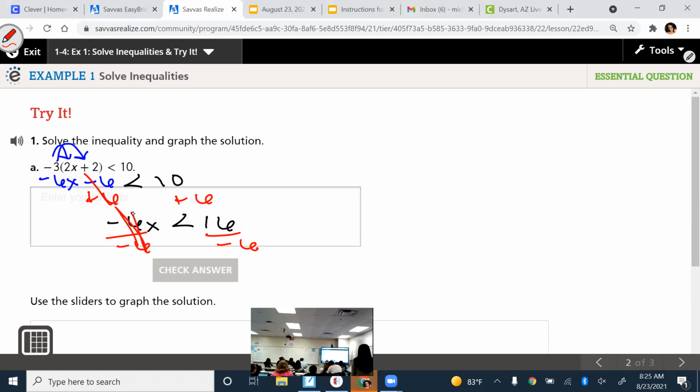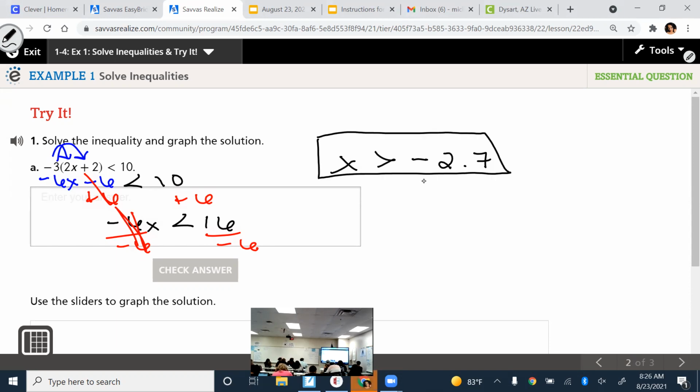Yes. All right, I divided by a negative. So now that less than is going to be greater than, and then you probably needed a calculator for this, but what did you get? A negative 2.7. All right, but yes. All right, questions there? All right, that's part of your answer.